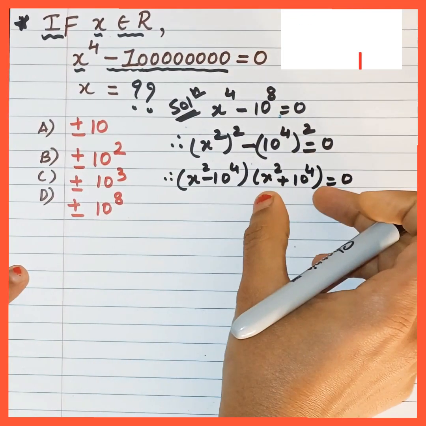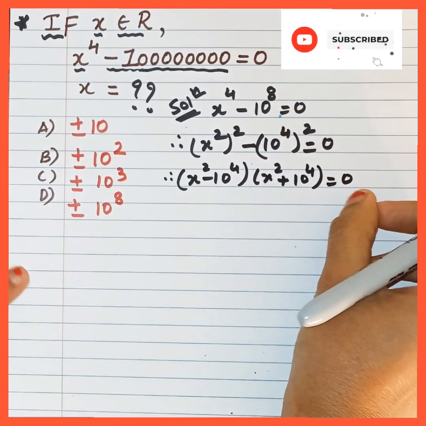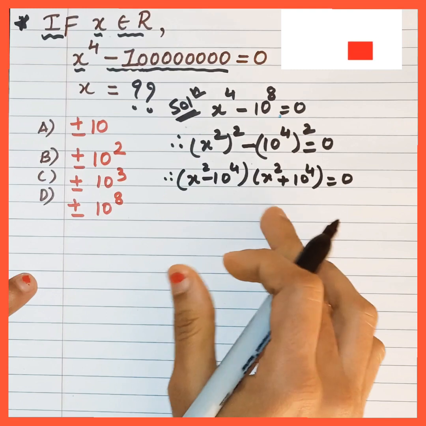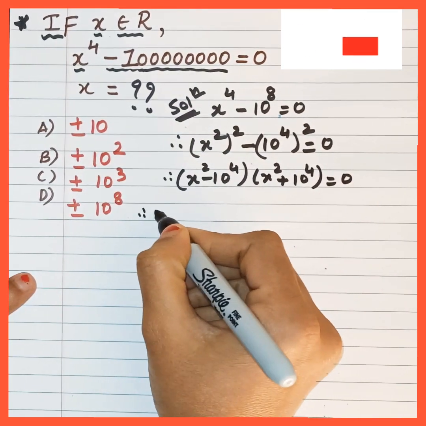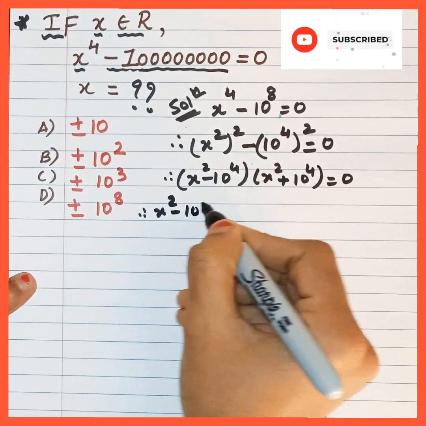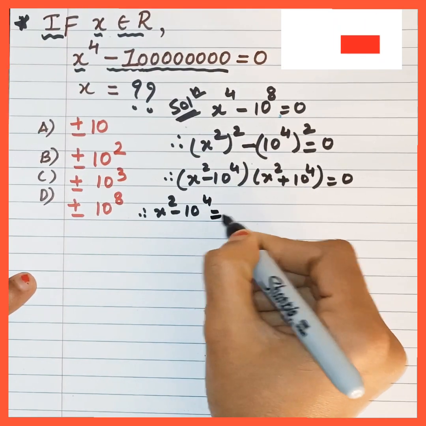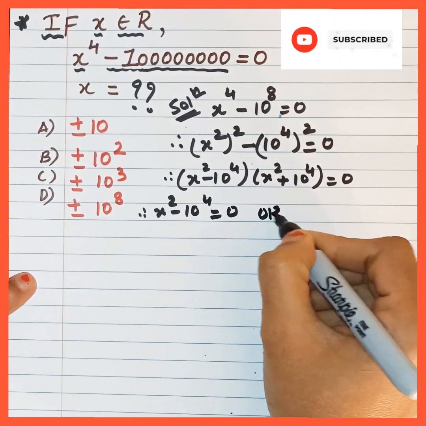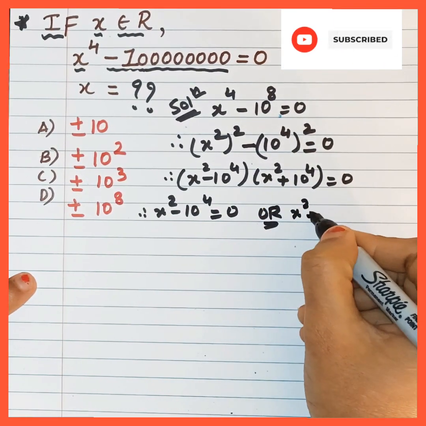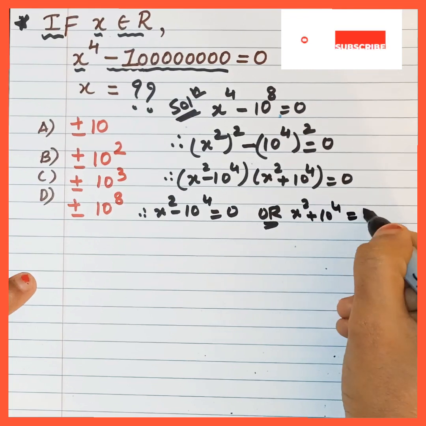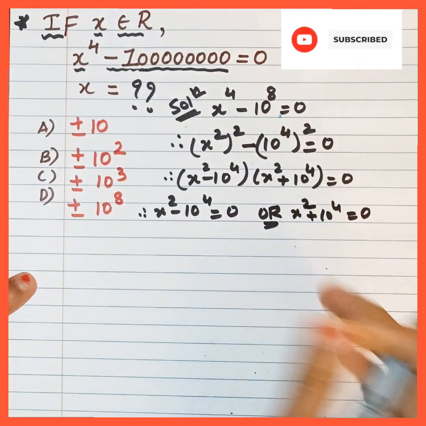Now there are two brackets and both are equal to 0, so from here we are getting two equations: one is x square minus 10 raised to 4 equal to 0, or another one is x square plus 10 raised to 4 equal to 0.